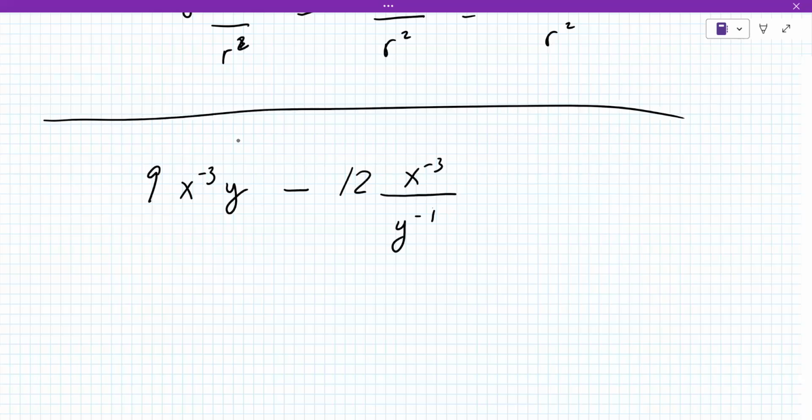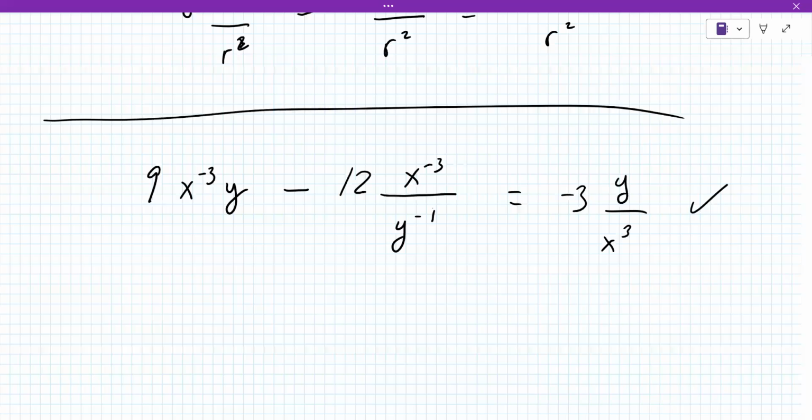Oh. 9 over x cubed minus the first x cubed. So is it -3 y over x cubed? Good.